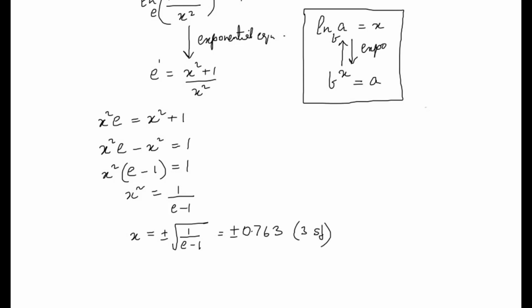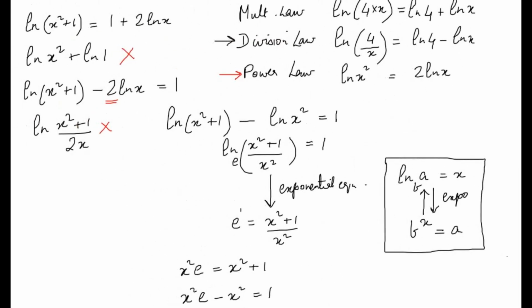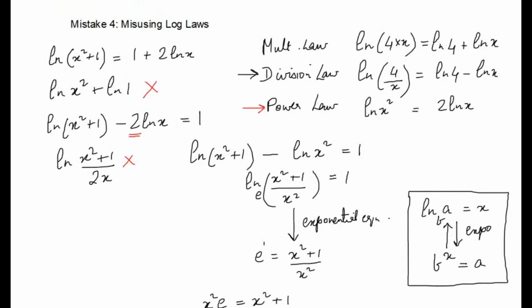Right, so we did the algebra, solved the equation, we've got x. What have we forgotten? We've forgotten to verify the answer with the original equation. So our original equation says, log(x squared plus 1) is equal to 1 plus 2 log x. There are two log terms.